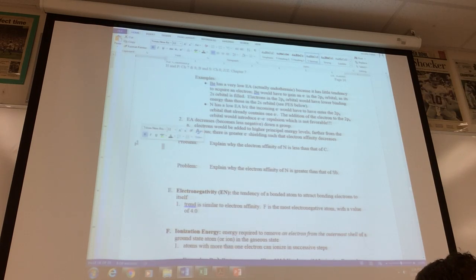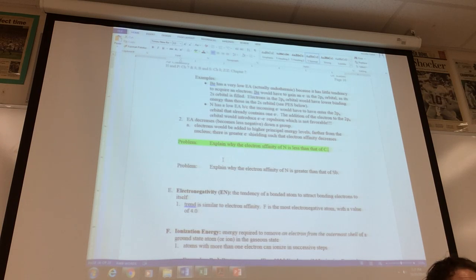The other question is the AP level style. Explain why the electron affinity of N is less than that of carbon, and that's not what you would predict by the trend. So what is it about N?